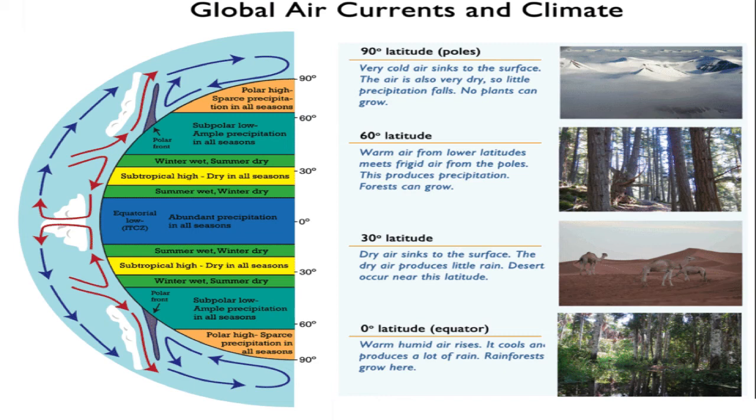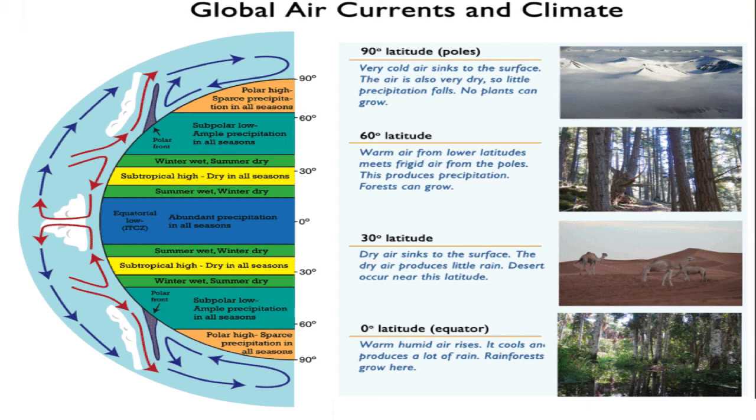So you get warm, dry air that sinks to the surface. The dry air produces little rain, and deserts are in this area, which we talked about already. Then you get to the equator, and the equator is 0 degrees latitude.